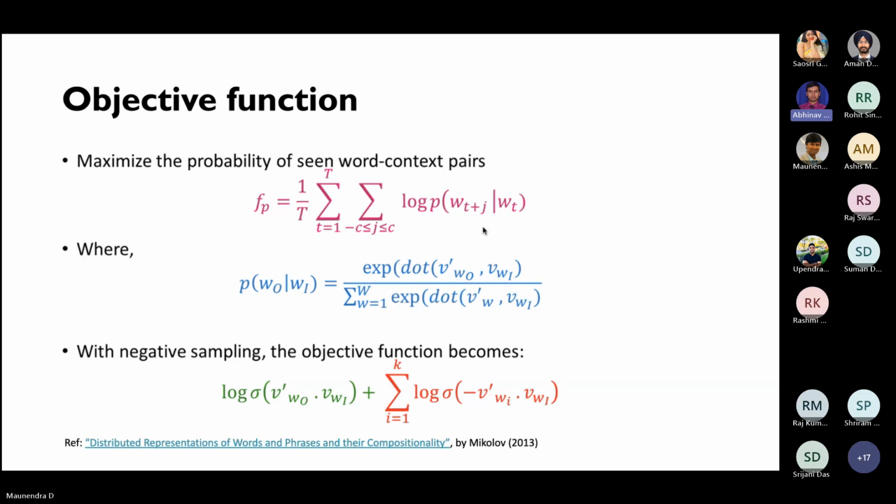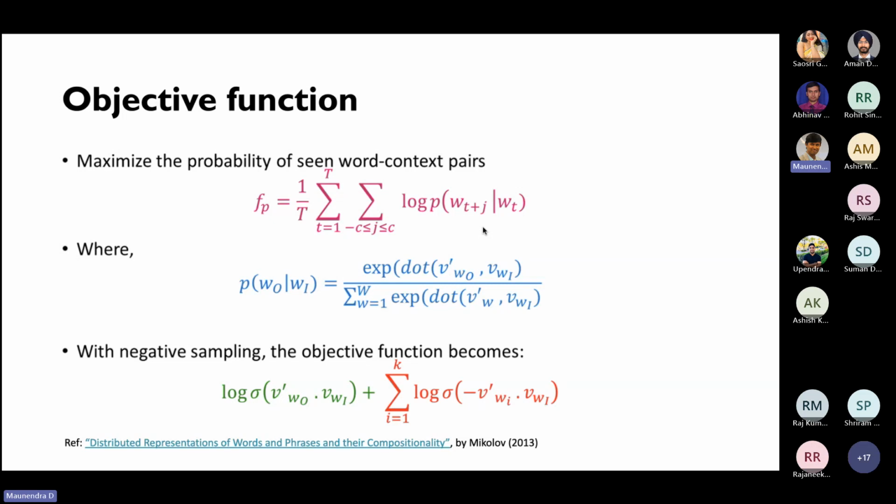The conditional probability is actually given the target. Given the center word, we are predicting w(t+j), where j is spanning over minus C to C, which are the context words. So then it's skip-gram.